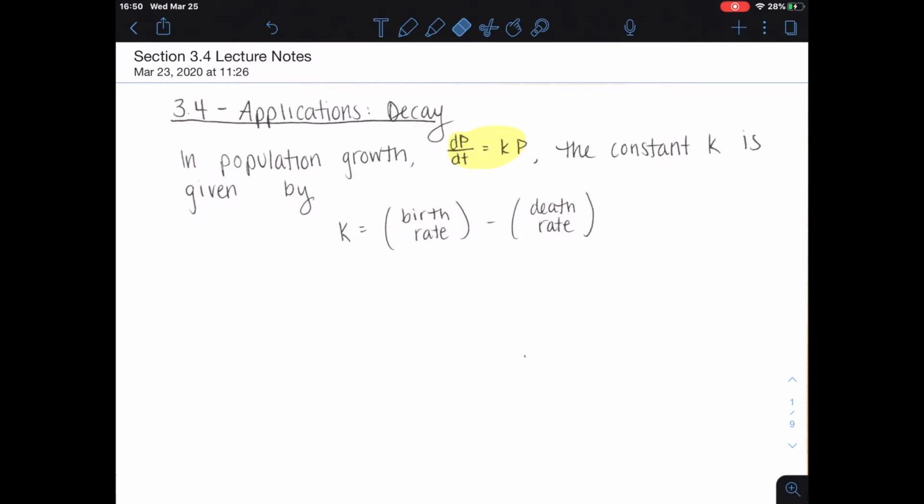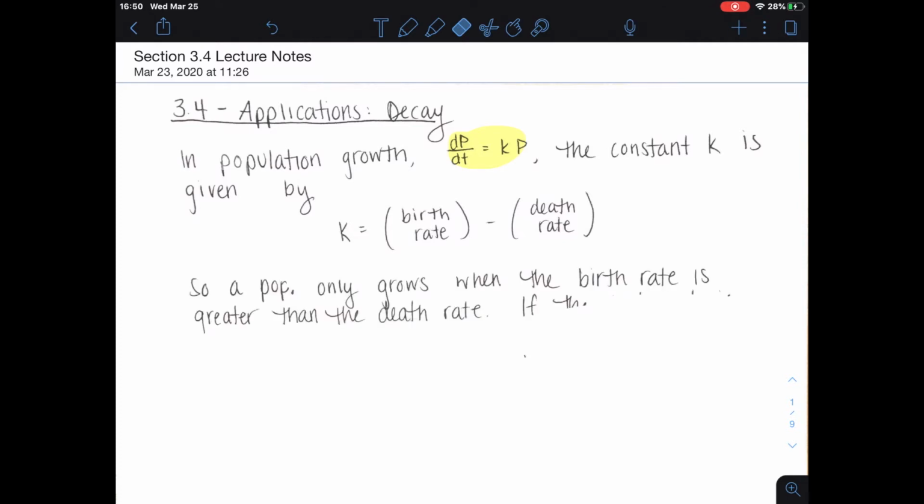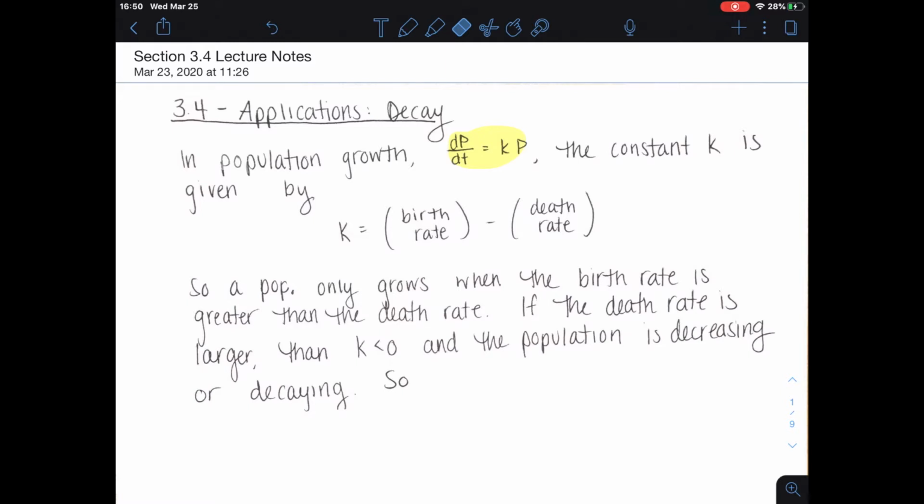So a population is going to grow when the birth rate's greater than the death rate. If the reverse is true, so you're dying more than you're inputting new individuals into the population, then this constant will be less than 0, and the population is what we say is decreasing or decaying.